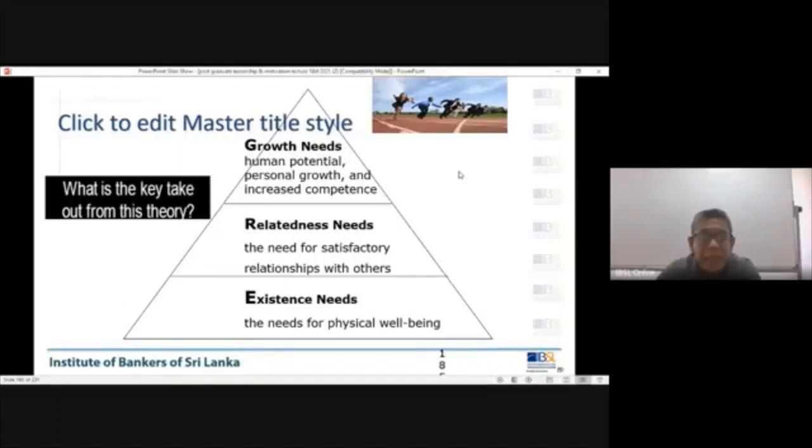First, try to satisfy these. Then the relatedness needs, the need for satisfactory relationships with others, the social aspects, also need to be fulfilled. The growth needs talk about human potential and personal growth.